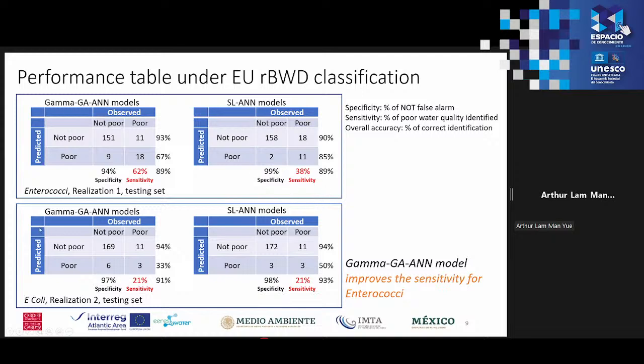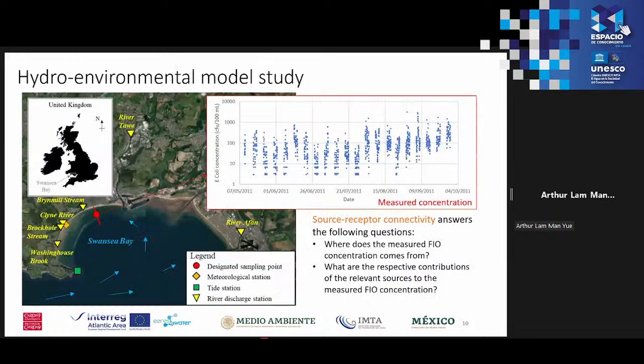For E. coli, the sensitivity is similar. So we can say that although our Gamma GA ANN model does not give the best R square in all cases, it does improve the sensitivity for enterococci and is better for at least beach water quality warning models.